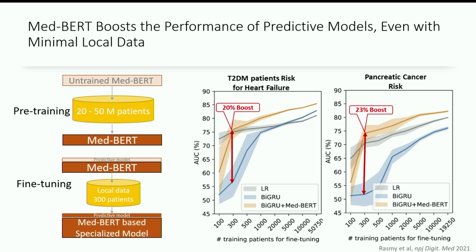So if it is a model that is trained on 300 samples, this model is giving 55%. It didn't learn anything, but if you start with the MedBERT model, you can reach up to 75%. The same you see for the diabetes heart failure prediction and the pancreatic cancer.